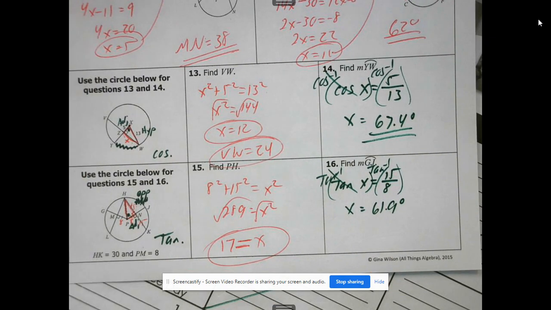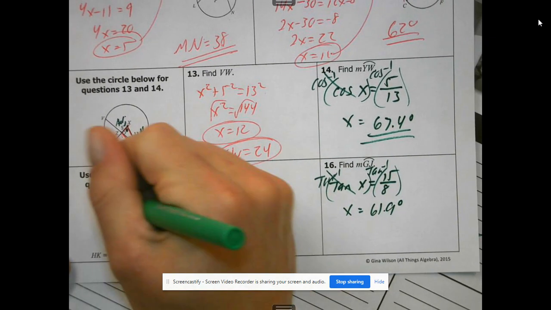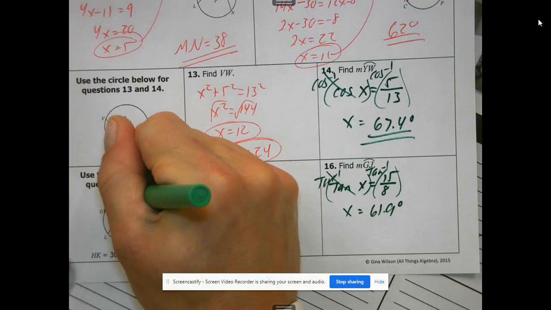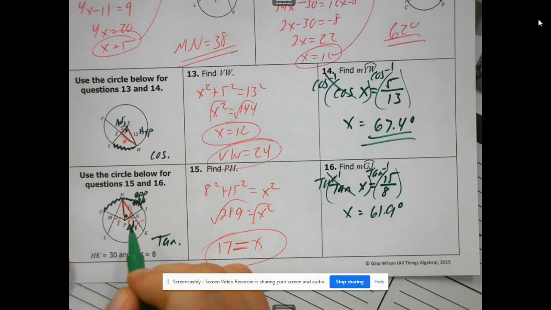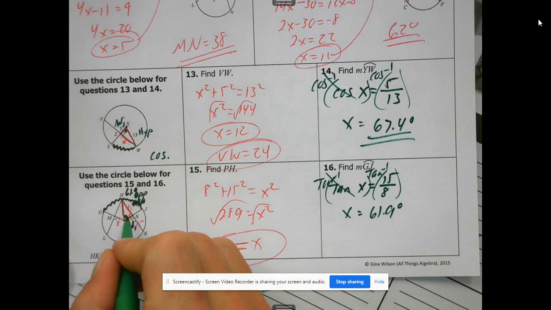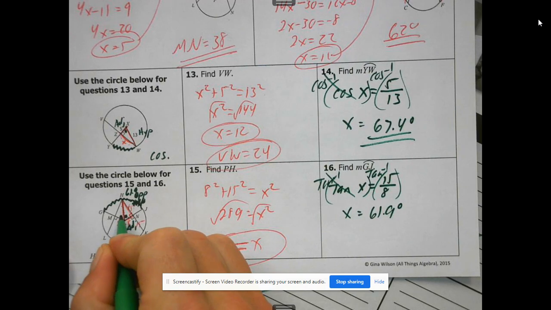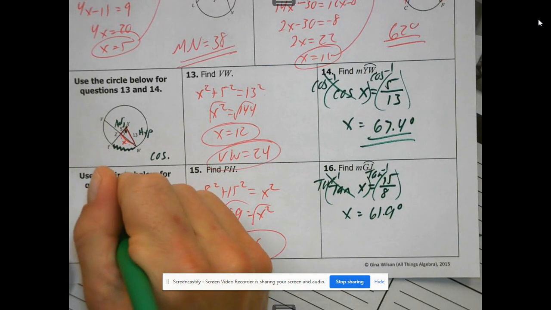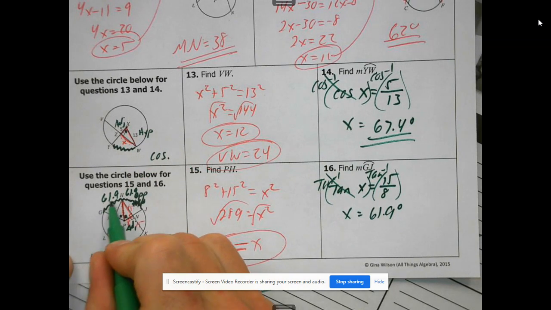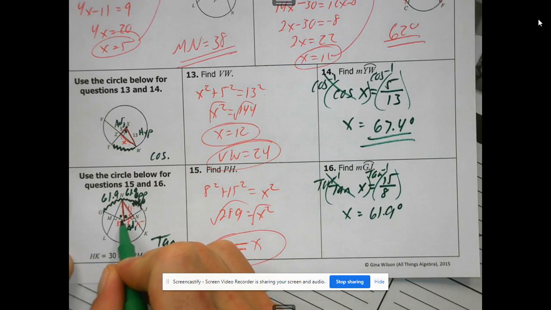So check us out. Our original job was to find G to J. All of this, right? Okay. Well, I've got 61.9 right here. I know this angle is the same as that angle, so I have another 61.9 right there. Arc degree is same as central angle.